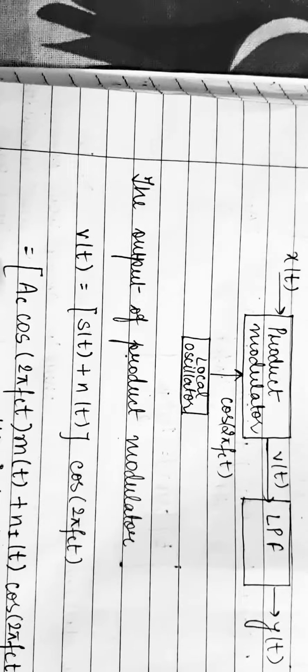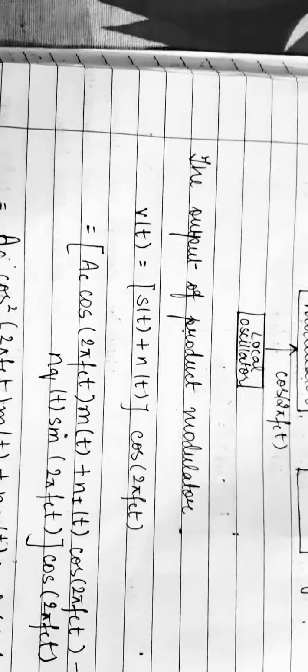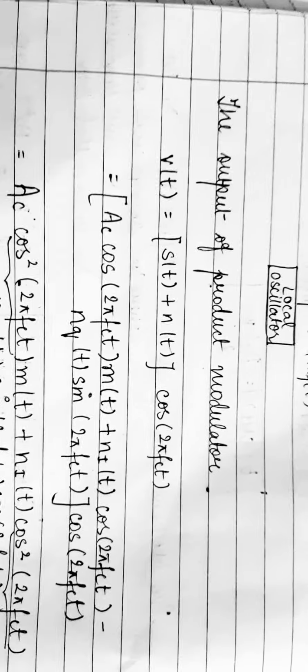Now when we open this bracket, we expand this equation. We get A_c cos² 2πf_c t m(t) plus n_I(t) cos² 2πf_c t minus n_Q(t) sin 2πf_c t into cos 2πf_c t.